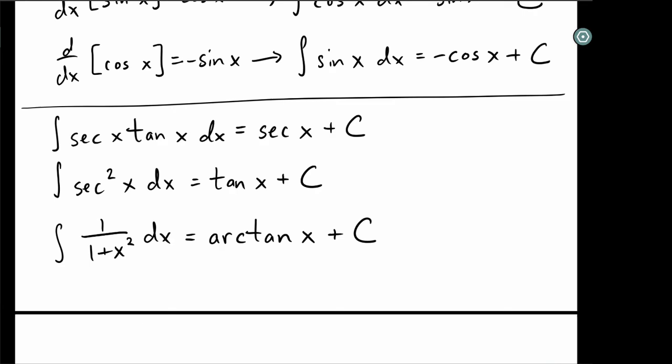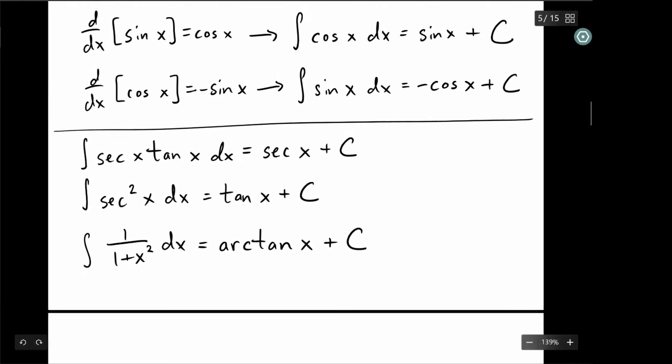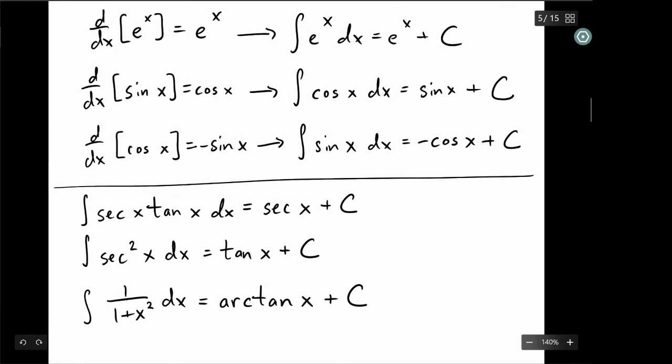So we can take all of the derivative rules we came up with over the last couple weeks and just start turning them all around and get some antiderivatives. We'll start doing some work pretty soon.